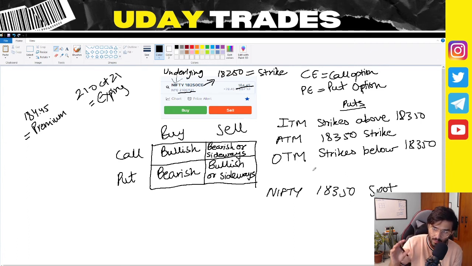So strikes above 18,350 are in the money, 18,350 is at the money, and strikes below 18,350 are out of the money.